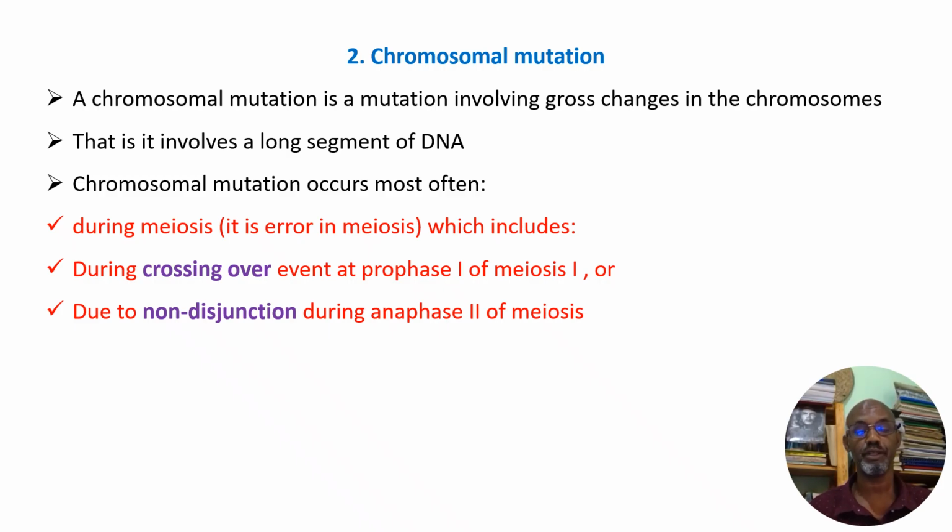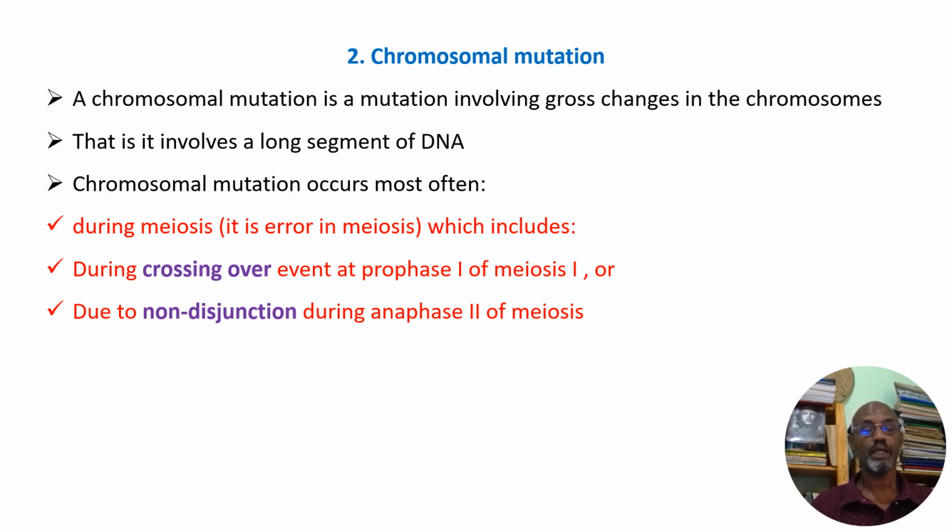Crossing over is a natural event where during prophase one of meiosis one, homologous pairs of chromosomes come near to each other in a process known as synapsis, and they exchange parts of their arms, so that the crossing over event increases genetic diversity in the population.